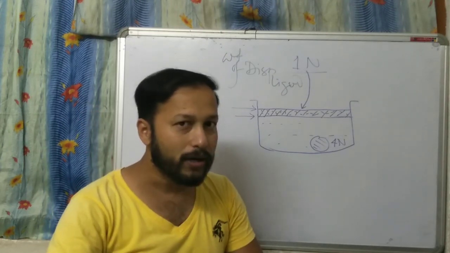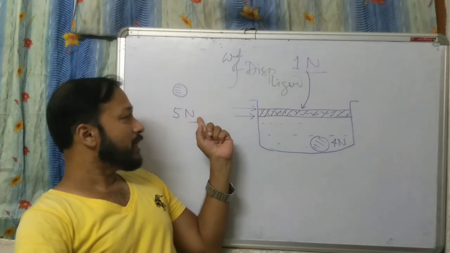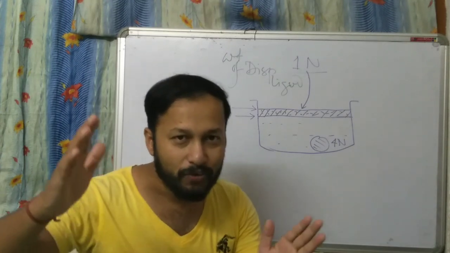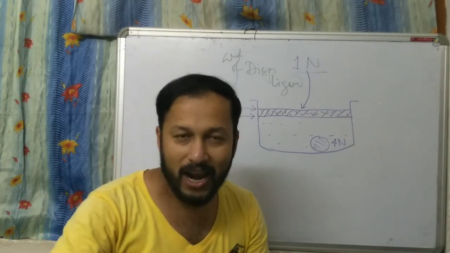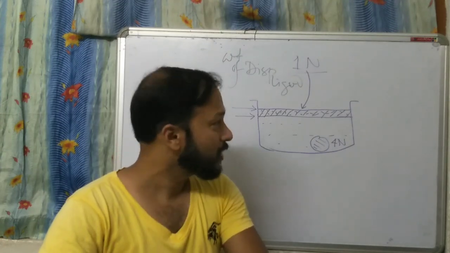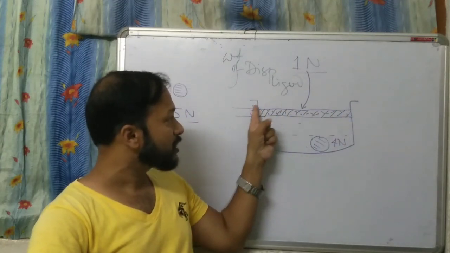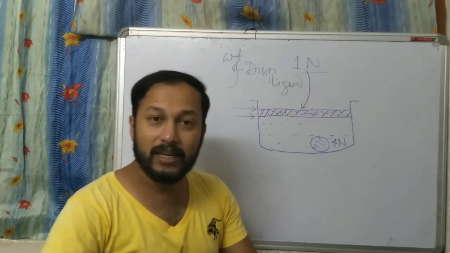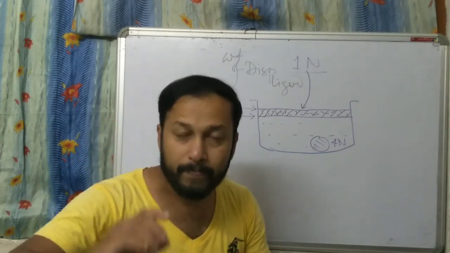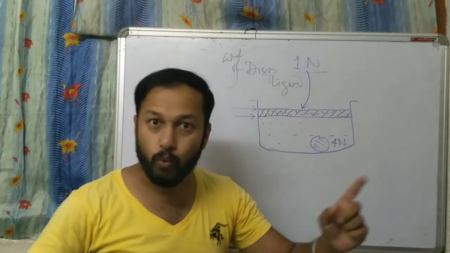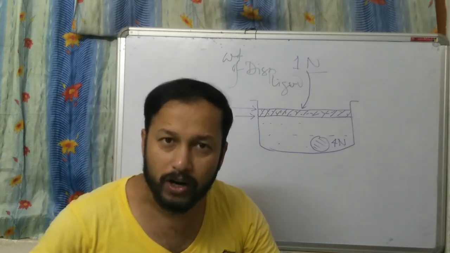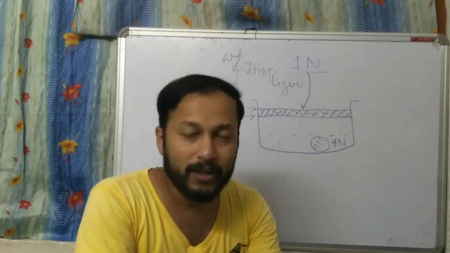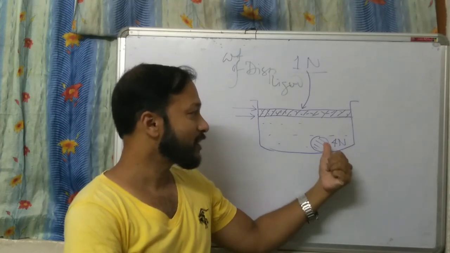So I told you 5 Newton in air, 4 Newton in liquid. How much weight is reduced? 1 Newton. And the weight of the displaced liquid is also 1 Newton. In air it was 5, in the liquid it is 4, so 1 Newton is reduced, and that is the weight of the liquid displaced by that object.